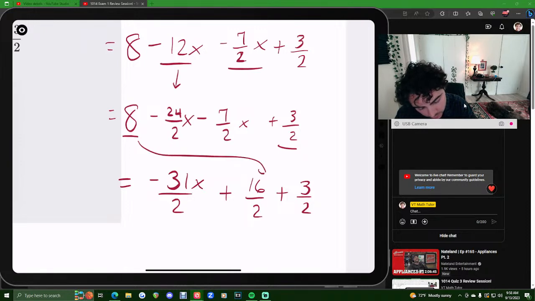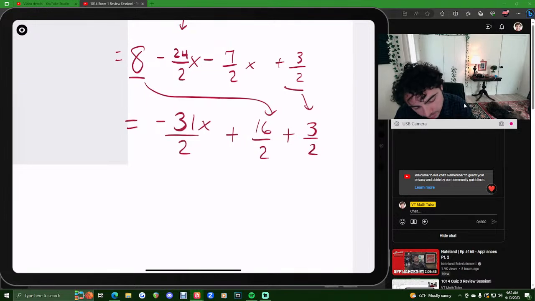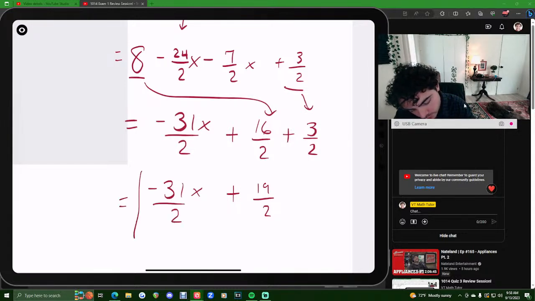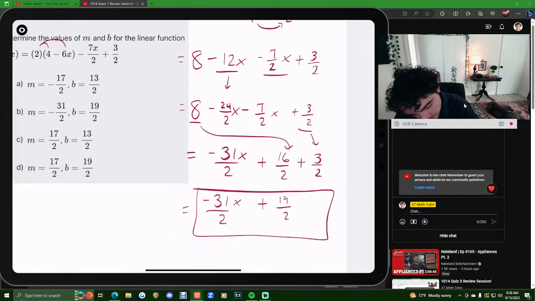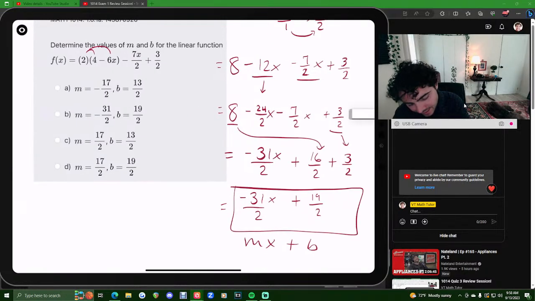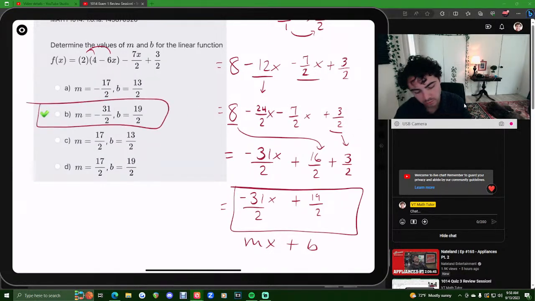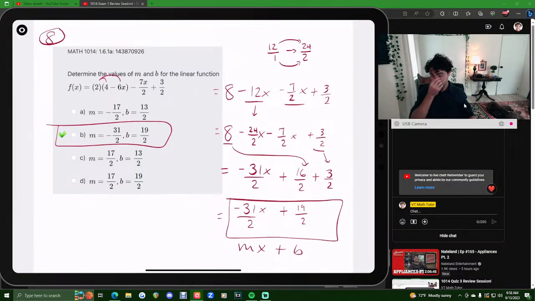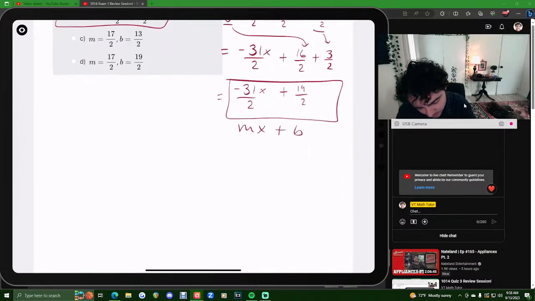So the 8 went to this, and 3 halves is right there. Okay, 16 plus 3 is 19. We leave it over 2, and we still have the negative 31 over 2 x. So what we have is mx plus b. So the m is negative 31 over 2, and the b is 19 over 2. All right. That was number 8.